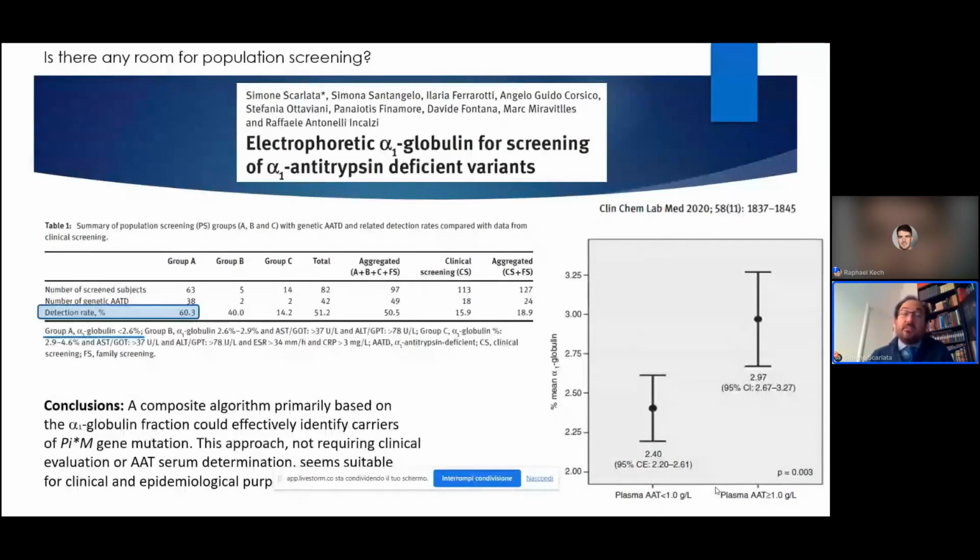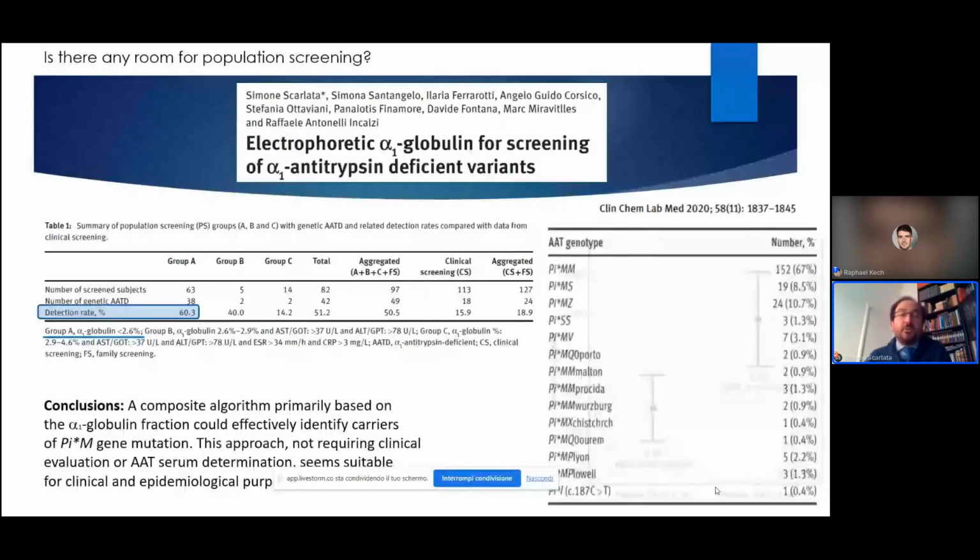And this was very interesting in proving that an algorithm based on the alpha-1 globulin fraction was able to identify carriers of the PIM gene mutation. And this was done without any previous clinical evaluation or alpha-1 antitrypsin serum determination. This becomes potentially suitable for clinical and epidemiological purposes. That's, in my opinion, a very important take-home message.